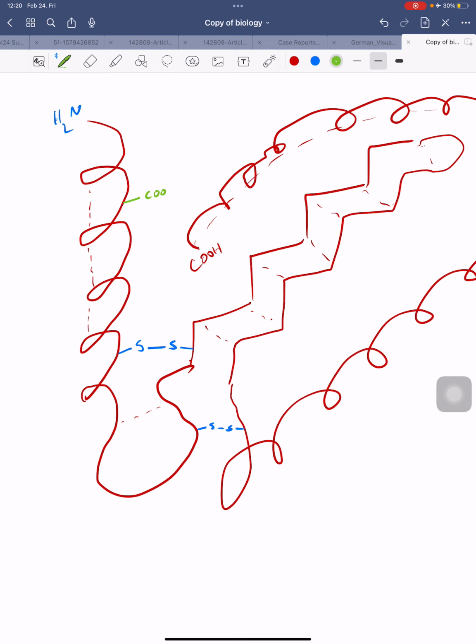cation and anion here, for example, aspartate, and we have, for example, lysine here, a side chain group, NH3 plus, and they make a salt bridge or ionic interaction. For example, here again.